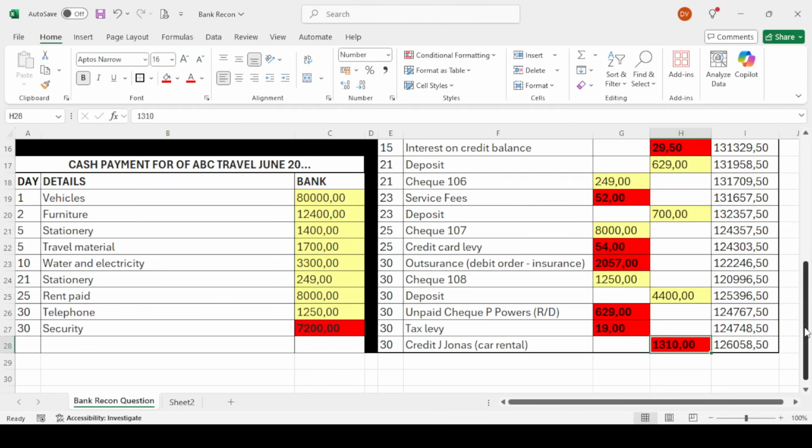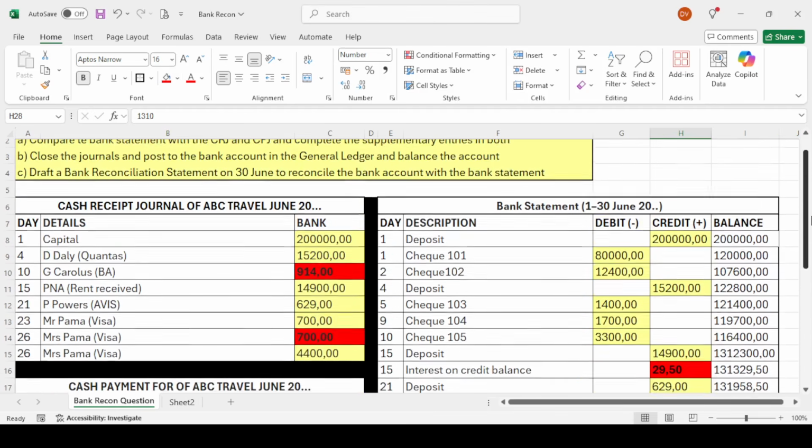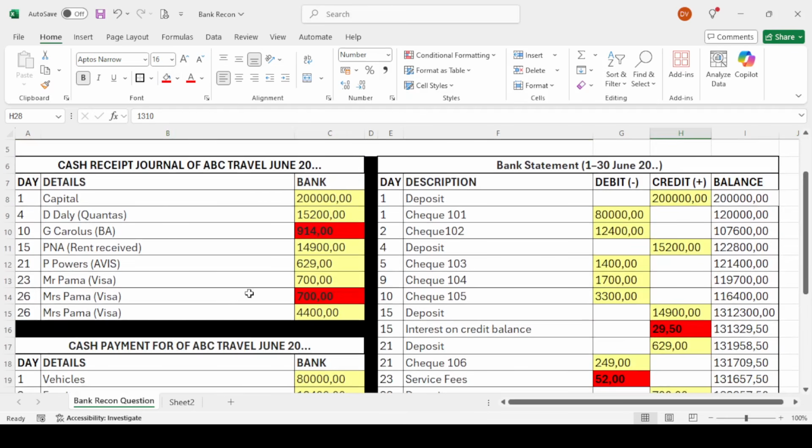So remember the rule. If it is on the journal, but not on the bank statement, it has to go to the bank reconciliation statement. If it is on the bank statement, but not on the journal, it needs to go to the journal. Okay, I'm going to show you how to do that.